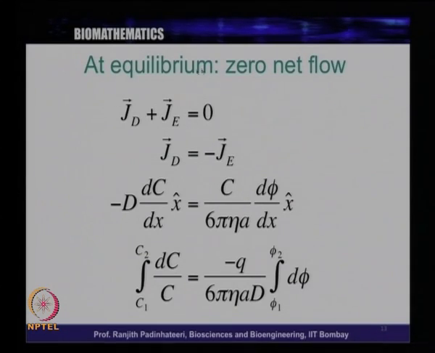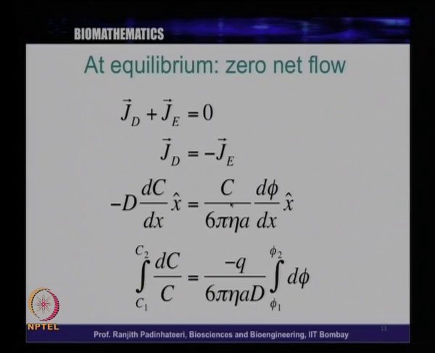This means that J D plus J E equals 0, that is, the net flow at the partition is 0, that is J D equal to minus J E. Now, we can substitute for J D and J E. If you go back and look at the expression for J D, we had written minus d c by d x x cap, and J E was 6 C by 6 pi eta a into d phi by d x x cap.